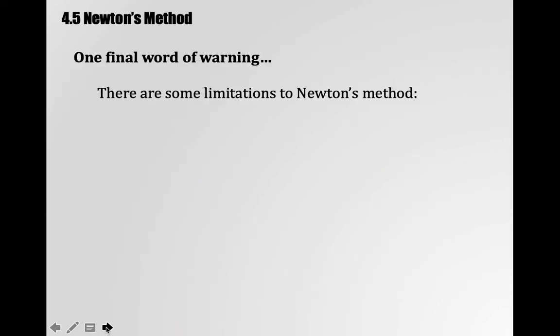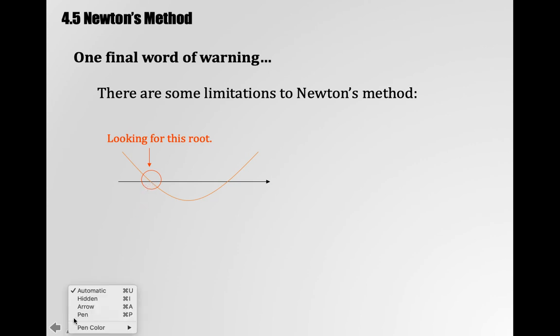Now, a warning before I demonstrate my calculator. Sometimes Newton's method doesn't work. Every once in a while, if you're not careful, if you're looking for the left root, but your initial guess is past this vertex and you guess over here, it's going to search for the wrong root, right? Let's say you guessed over there.